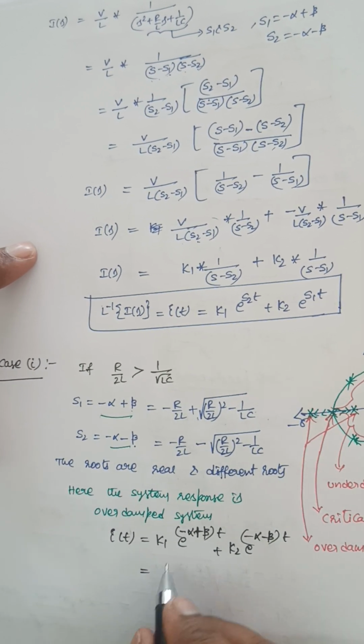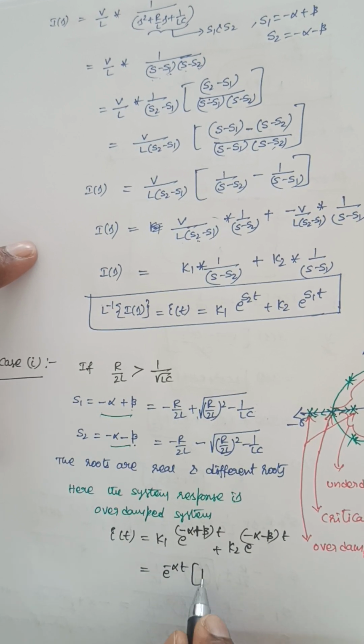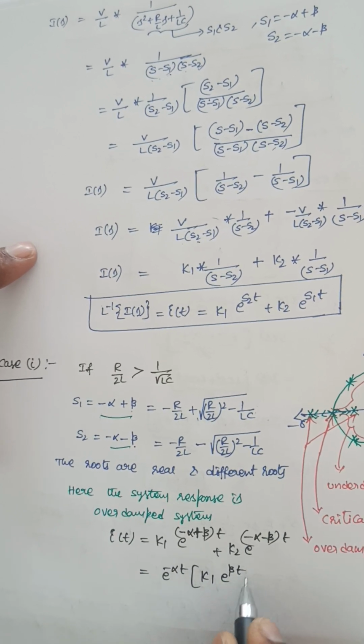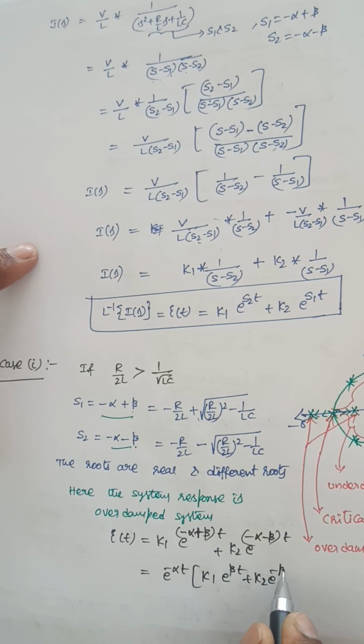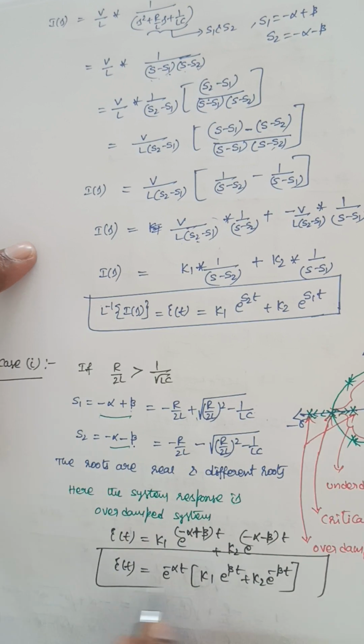If I take e power minus alpha t common, it is e power minus alpha t into (k1 into e power beta t plus k2 into e power minus beta t). So this is the expression for I of t for this case.